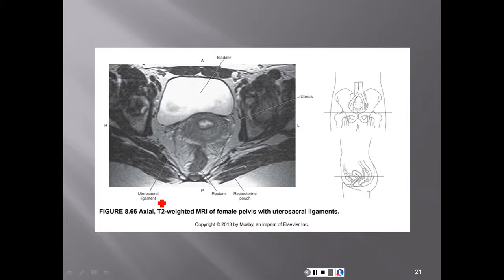The uterosacral ligament extends from the lateral walls of the cervix to the anterior surface of the sacrum. And the lateral cervical or cardinal ligament extends like a fan from the lateral walls of the cervix and the vagina and anchors into the fascia of the wall of the lesser pelvis.